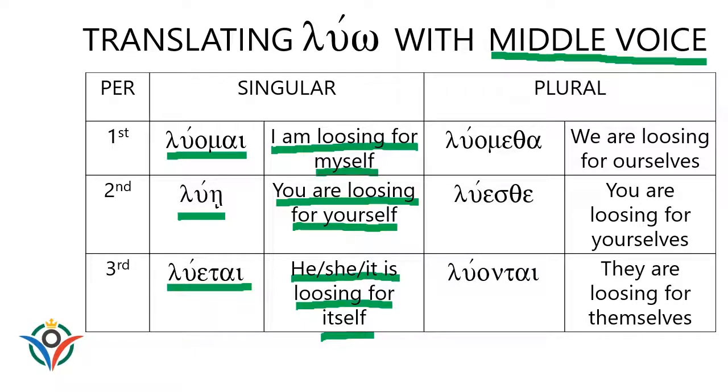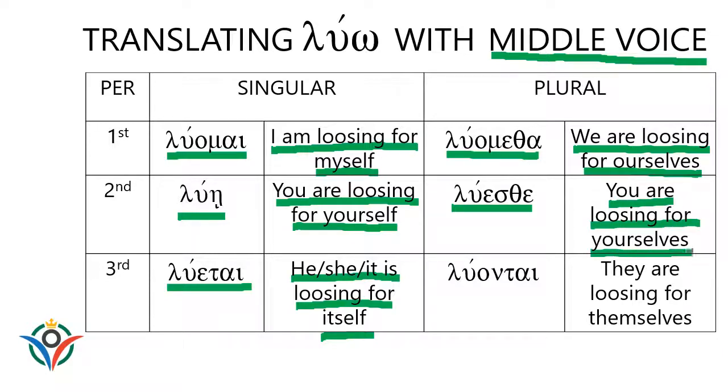The first person plural, lu metha, we would translate as we are loosing for ourselves. Then lu este, translate that as you are loosing for yourselves. And finally, the third person plural, lu antai, we would translate as they are loosing for themselves. I think you get the idea. The subject is always acting in its own interest or for itself.